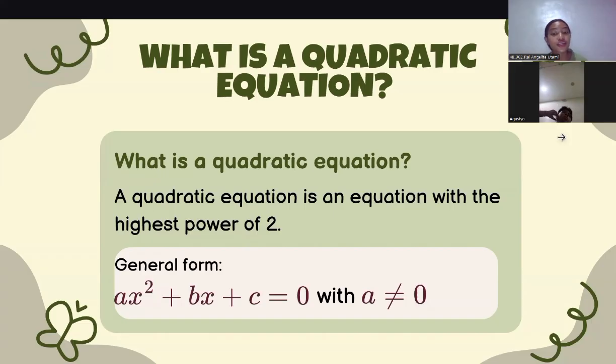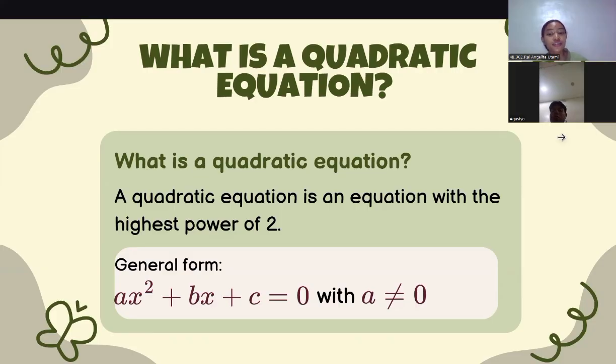A quadratic equation is a polynomial equation of degree 2 in one variable, written in the form ax squared plus bx plus c equals 0, where a is not equal to 0. Here, x is the variable, a and b are called coefficients, and c is a constant.